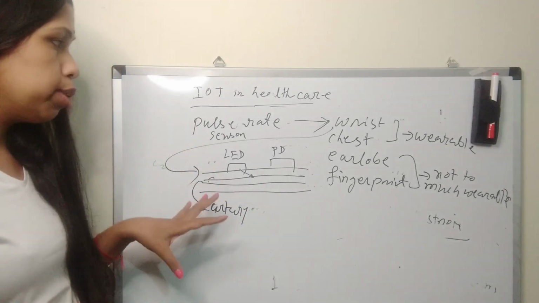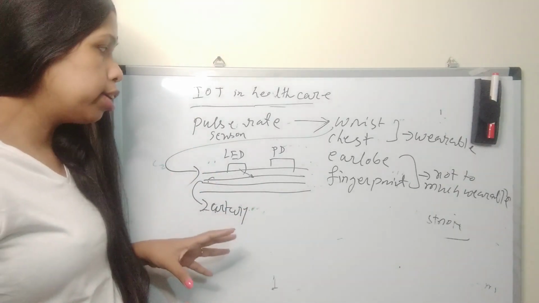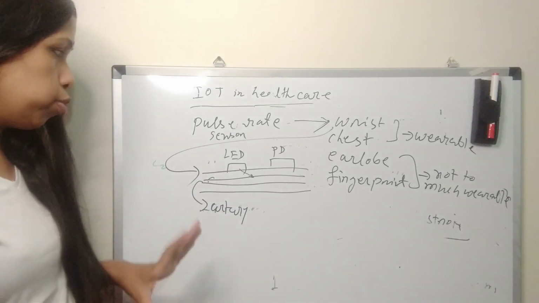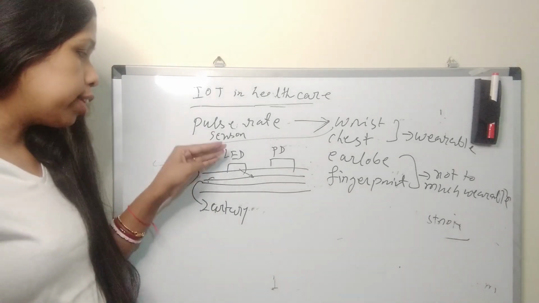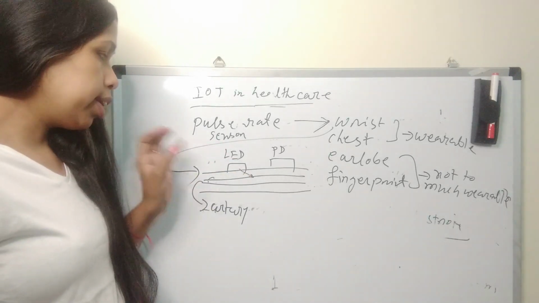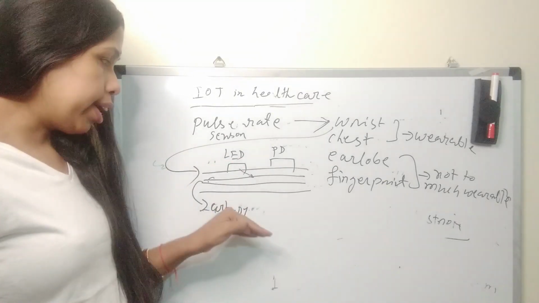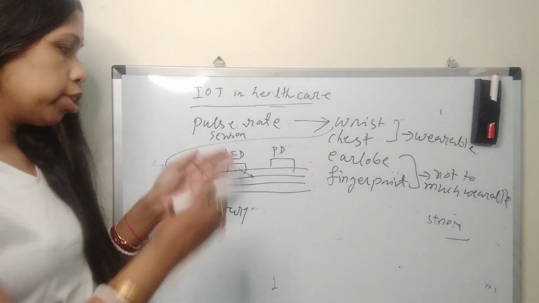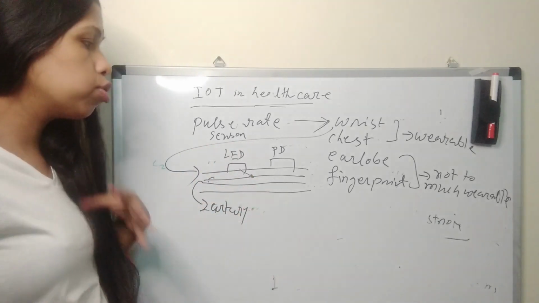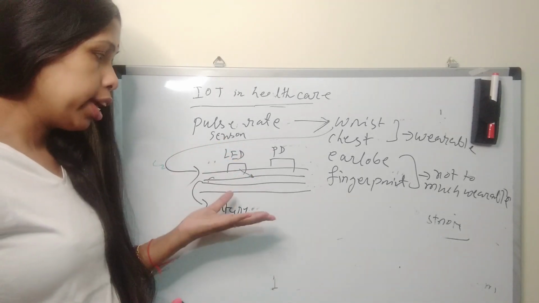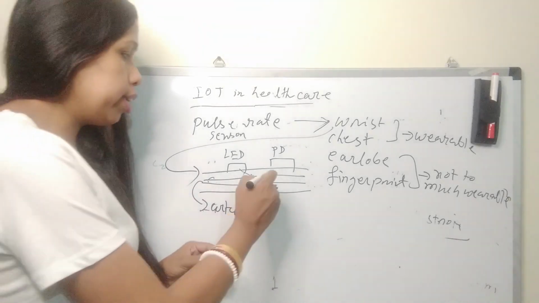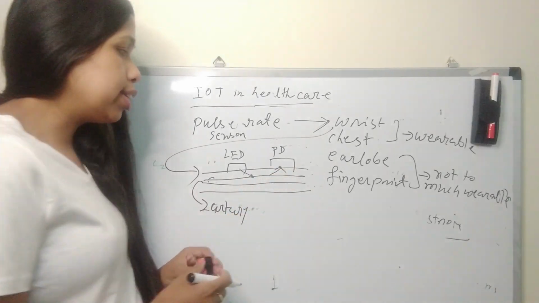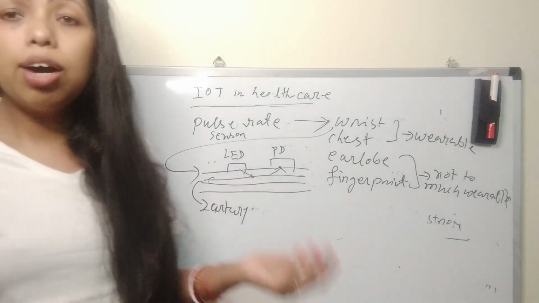This kind of device has already been developed by some research groups. The LED transmits light onto the artery, but the entire amount of light will not be absorbed by the artery. Some light will be reflected from the artery, and this light will be detected at the photodiode.